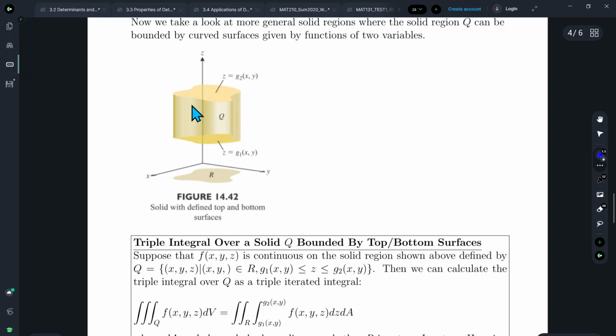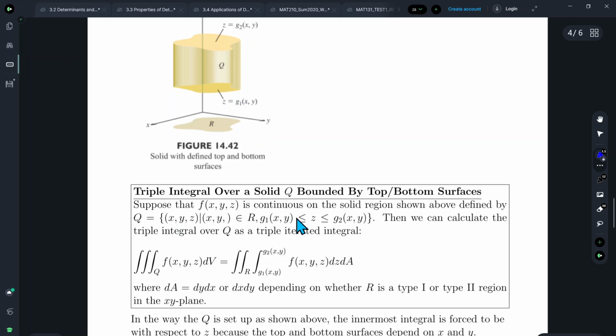So again, because now the region Q is curved, the downward projection can also be a curved region, and this region R can be either a type 1 or a type 2 region. Okay, so this is the basic setup, and that's described here, right?